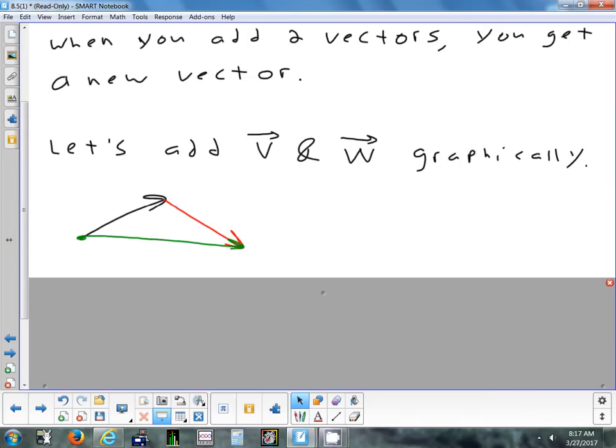What's in green right there represents combining the black and the red vector together. The black is pushing up and to the right. The red one is pushing down and to the right. So the final answer is still to the right, but the red one is pushing down a little bit more than the black one is pushing up. That's why the final answer goes down just a little bit to the right.